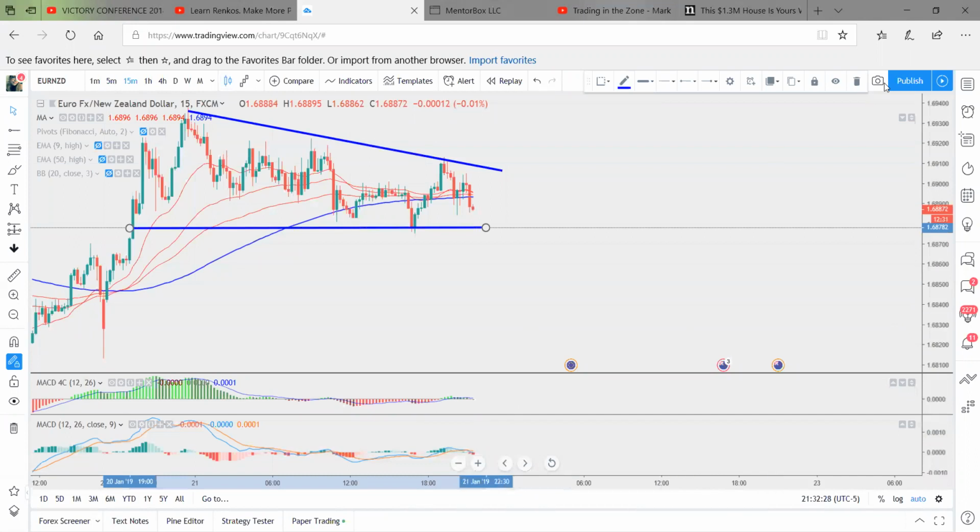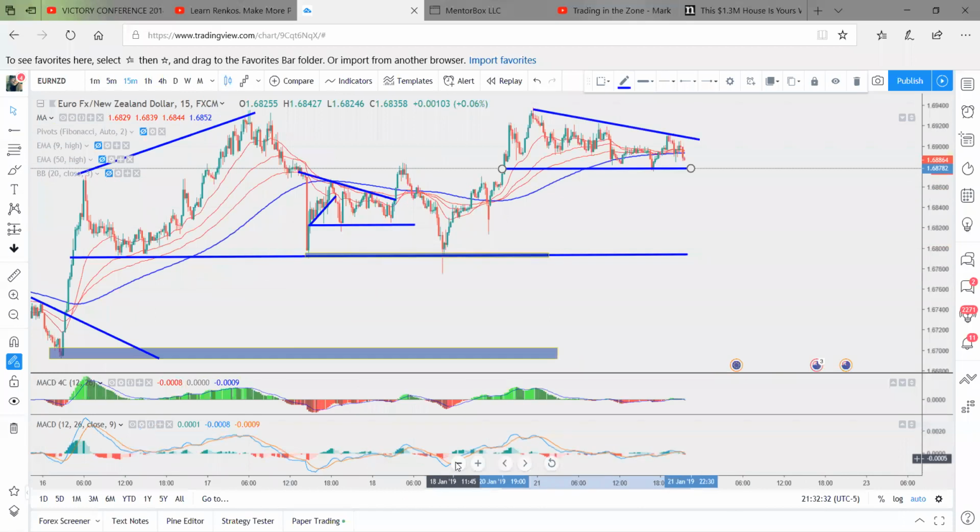It's too soon to tell for me on that one. This looks like a bullish flag pattern that could break out to the upside, but with news it could do whatever it wants to do.